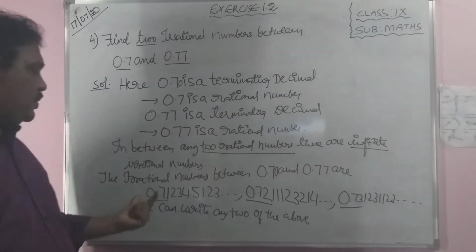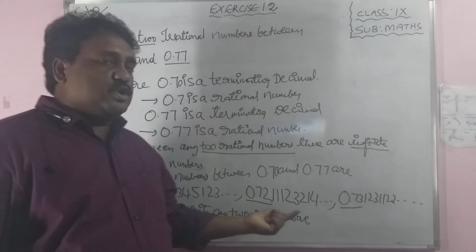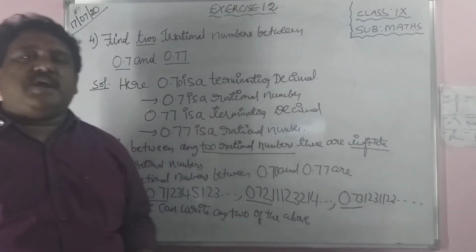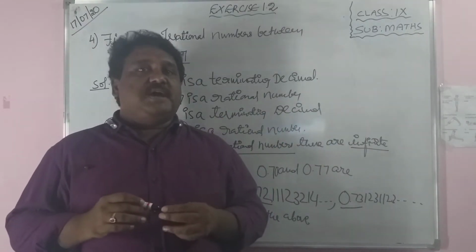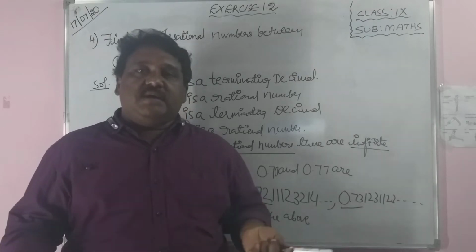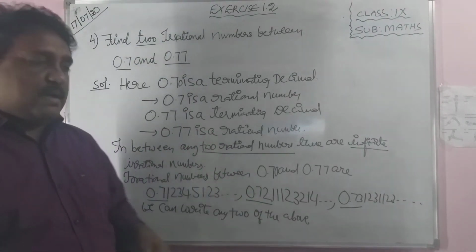We can write 0.71, any numbers; 0.72, any numbers; 0.73, any numbers; 0.74, any numbers, but don't write repetition; 0.75, any numbers; 0.76, any numbers. So we can write any two of the above.